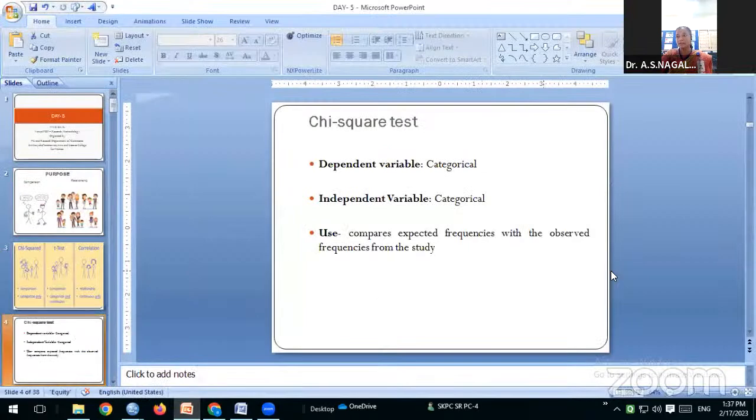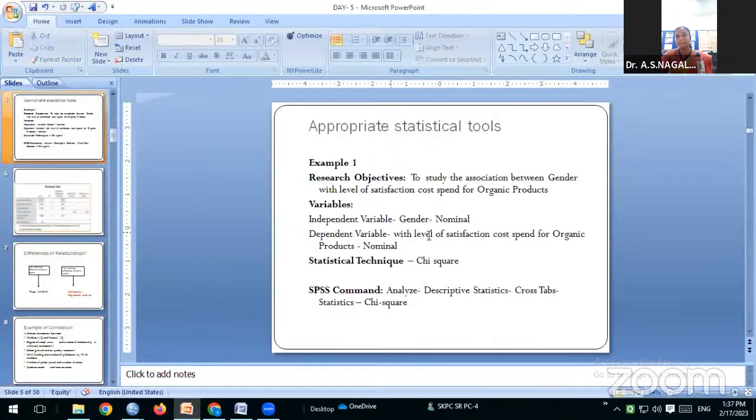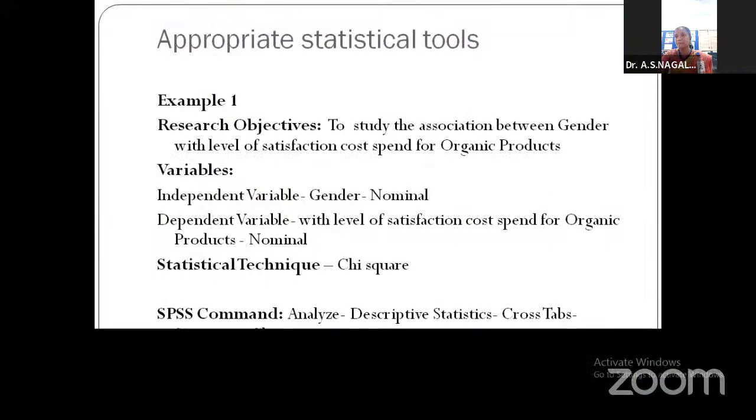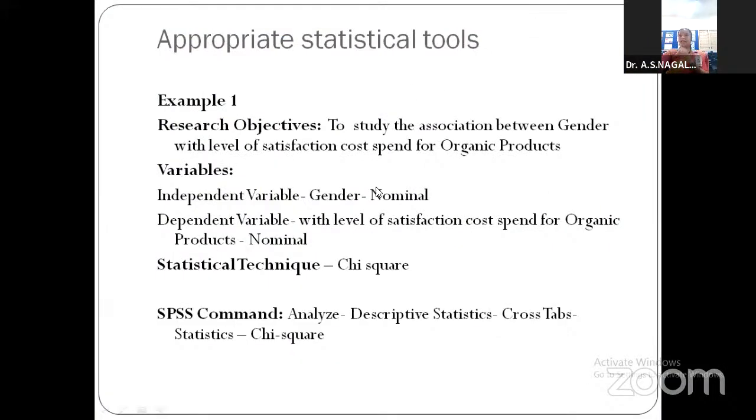I have created a hypothesis to study the association between gender and level of satisfaction with the cost spent on organic products. It is one among the questions we have taken.